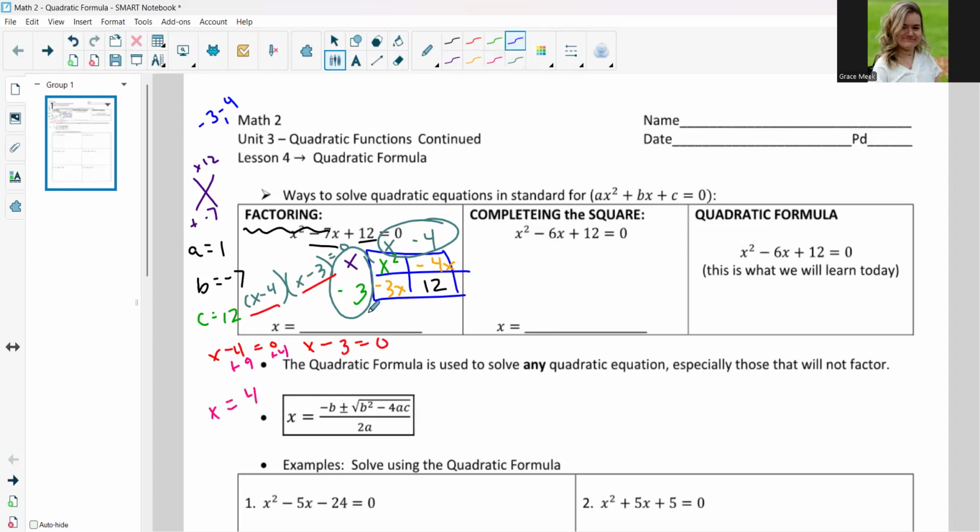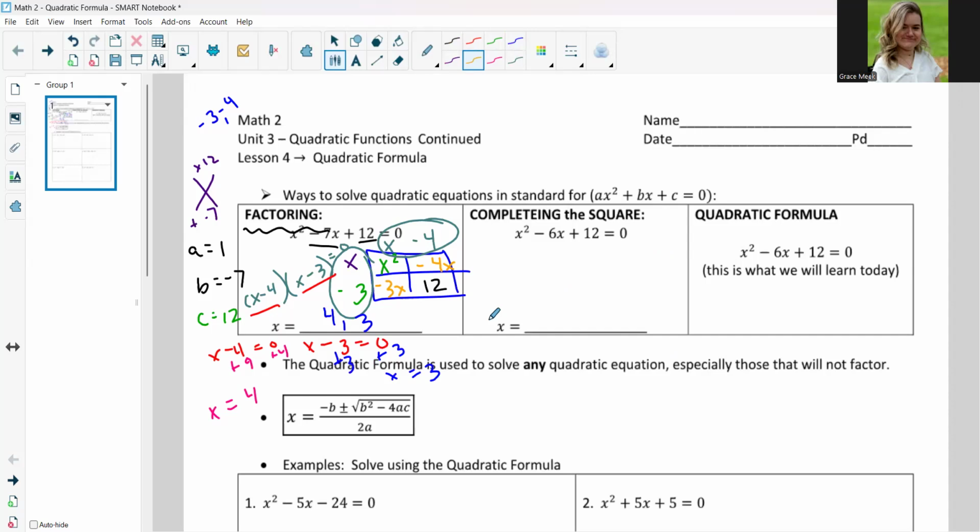And if I add 3 to both sides here, I get x equals 3. So my two solutions would be 4 and 3. You can always go to Desmos to check that if you need to. With my screen record, I can't switch between screens very quickly, so just remember, you can always use Desmos to check.